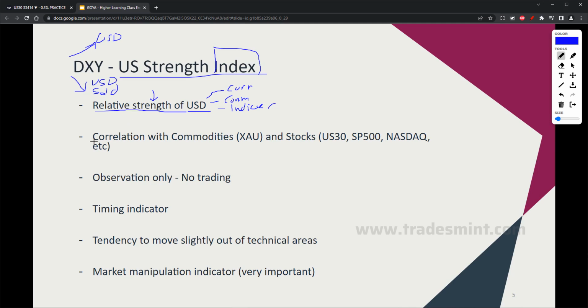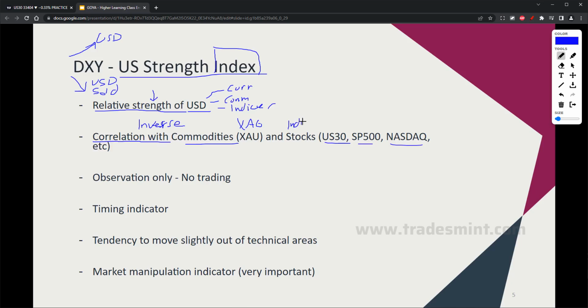So next we have the correlation with commodities. Okay, so gold, silver, platinum, whatever, and stock indices, Dow Jones, S&P, Nasdaq, and so on and so forth. So correlation, what do I mean by that? It's going to be inversely correlated. So it's going to be inverse correlation with the commodities and the indices.